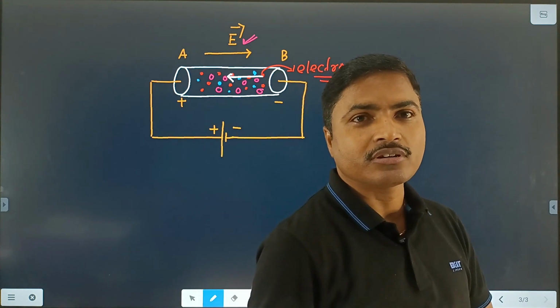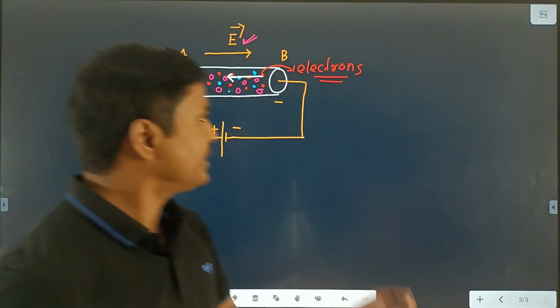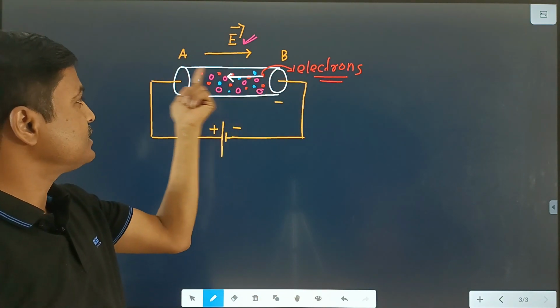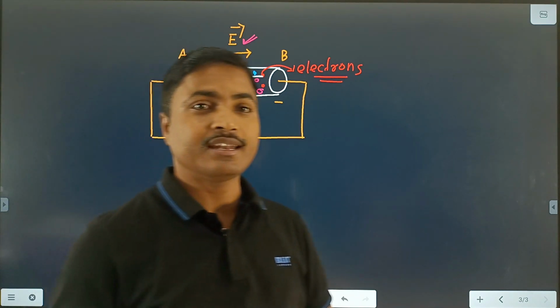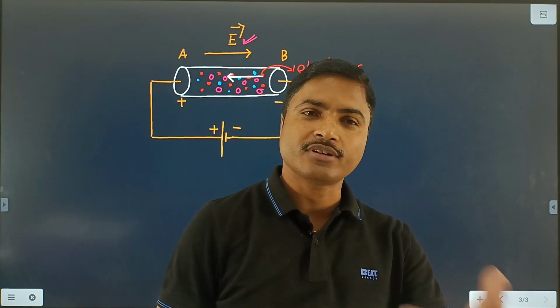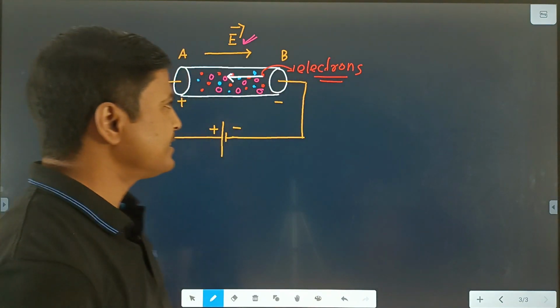and during its motion, what happens? If an electron moves towards the positive terminal of the battery, then velocity is there, that is known as the drift velocity. So kinetic energy is there.